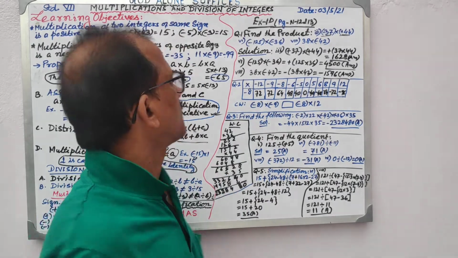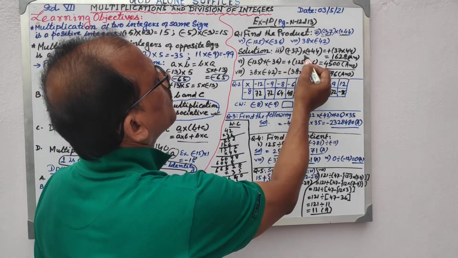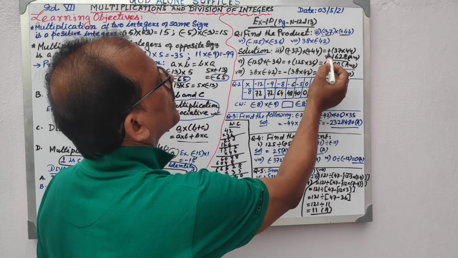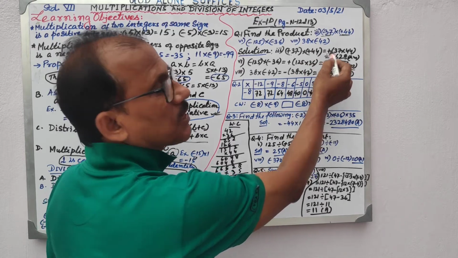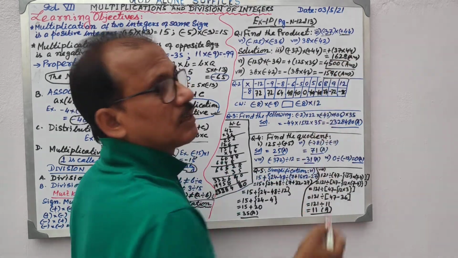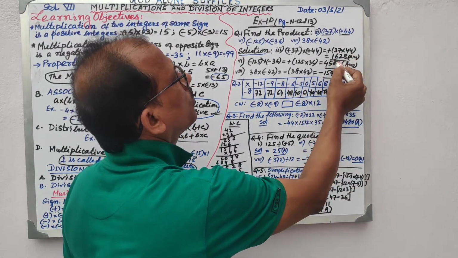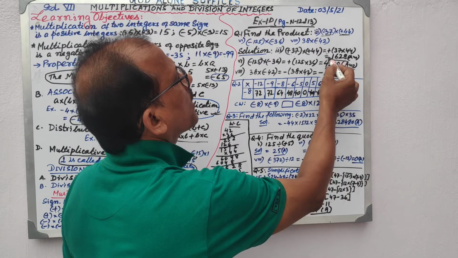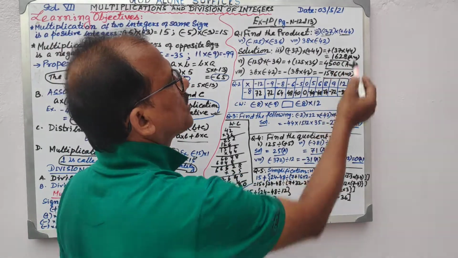No sign means plus sign. So 37 into 44 will be 1628, with a plus sign, 1628.